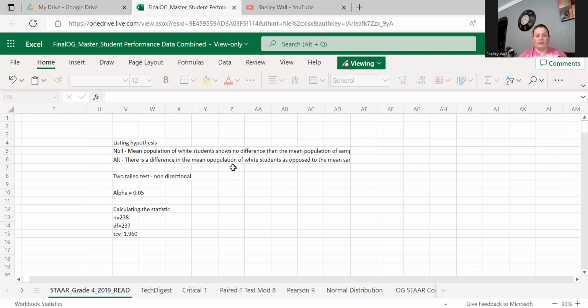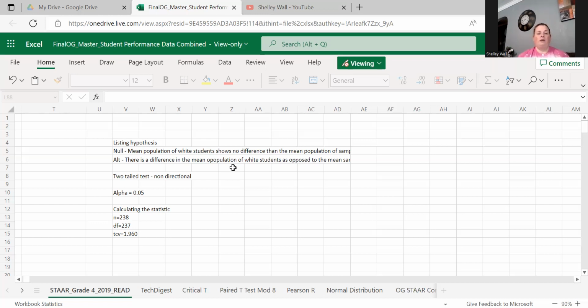So we're going to run a non-directional test and see where it takes us. We're setting our alpha at 0.05, which is the same as a confidence level of 95%. And as I stated earlier, we can do that because we're in education. So we have more room for error than we would if we were working with life or death, say in the medical field, in which case you would set a different alpha and have a higher confidence level.